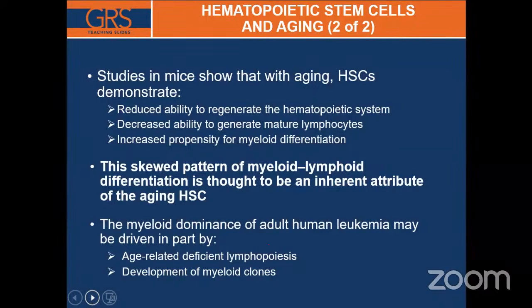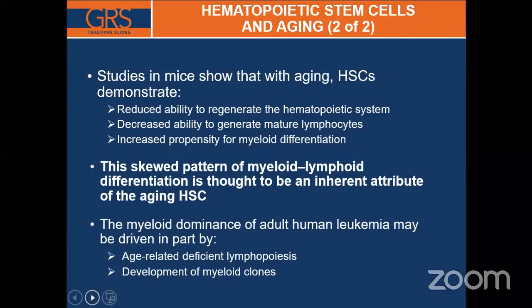This results in an overproduction of myeloid cells, such as granulocytes and monocytes, relative to lymphoid cells. This shift toward myeloid lineage is often referred to as myeloid skewing, and it is an inherent feature of aging hematopoietic stem cells.